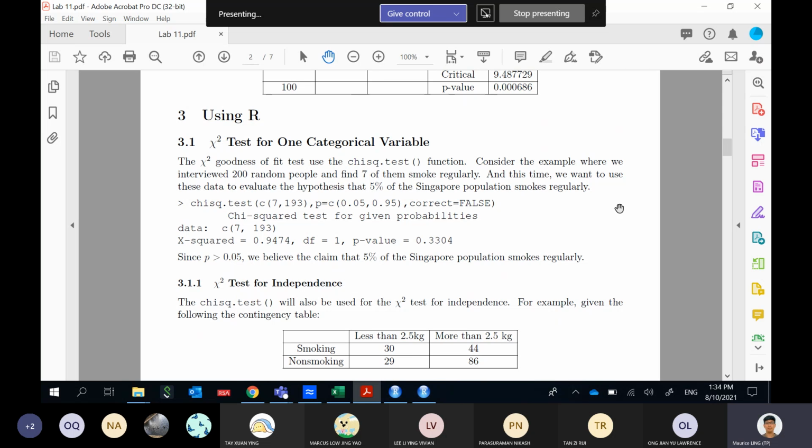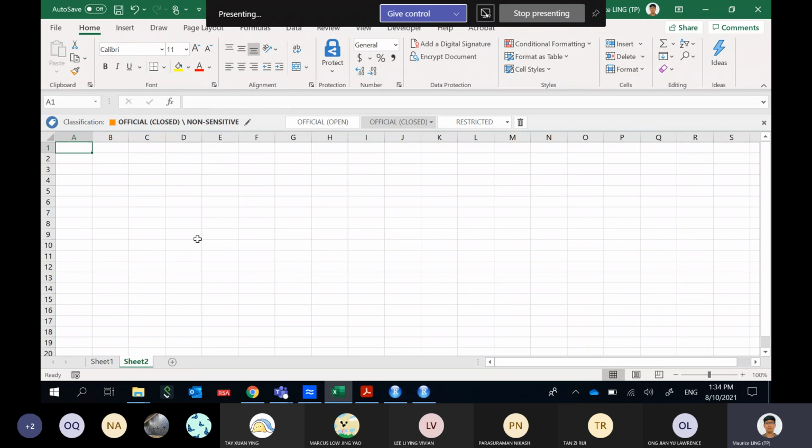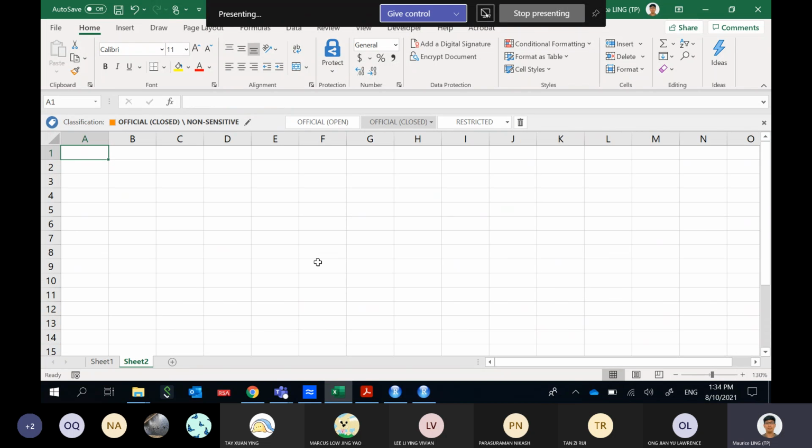Let us just think about how you are going to do it inside Excel first. So the hypothesis, what is the null hypothesis here? Null hypothesis based on the question: 5% smoke regularly.